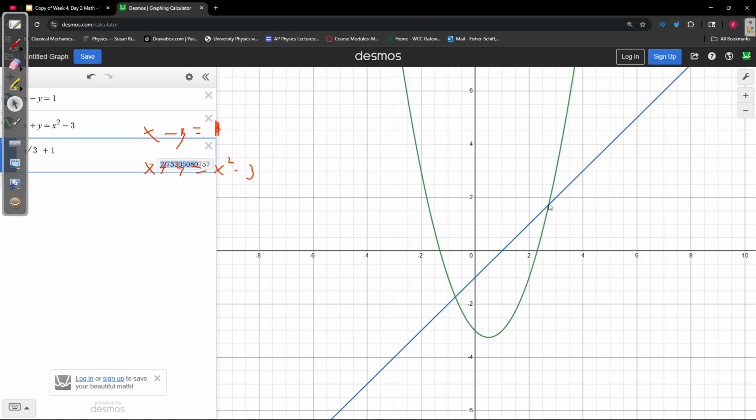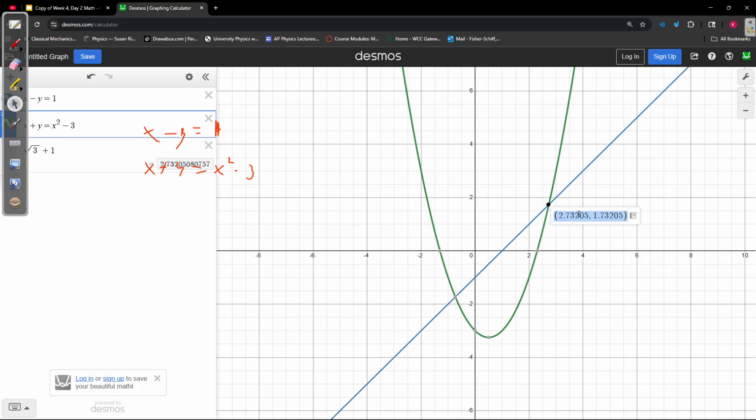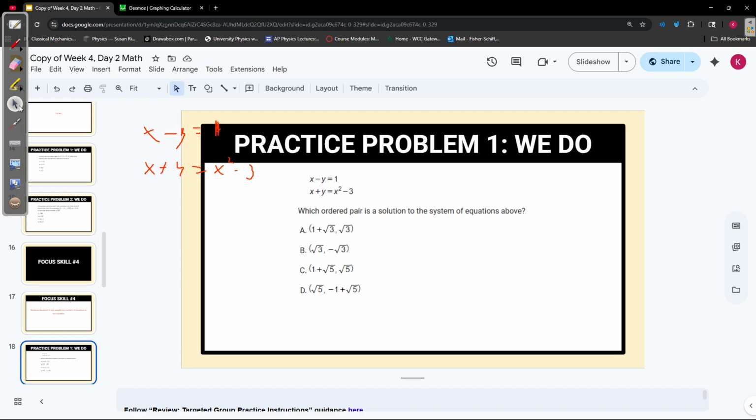Oh, that looks to be our x coordinate. Is there another one here? No. So I'm going to bet that A is our answer. And it is, because if we just do the square root of 3, that would be our y coordinate here. So the answer is A, right? You don't have to do any hard work. Just use your calculator. Pretty simple.